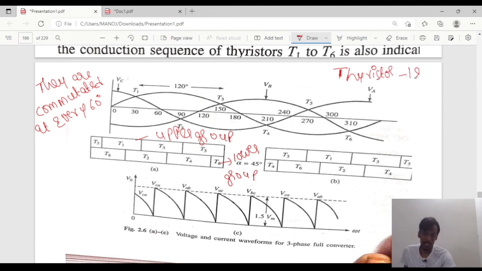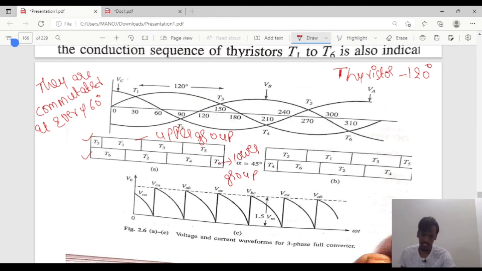And two thyristors, one from the positive group and one from the negative group, must conduct together to energize the load.